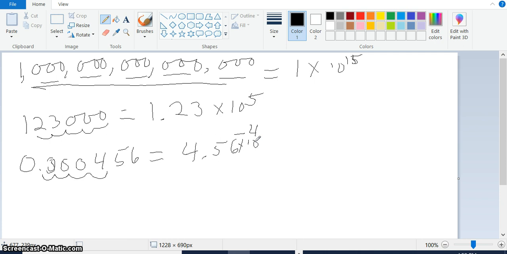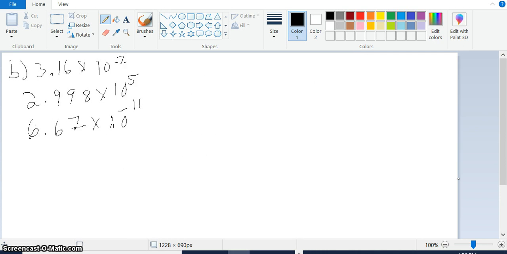All right, for part B of number 2, they want us to change these values in scientific notation to, quote, normal numbers. This is fairly straightforward. So 3.16 times 10 to the 7th, so I've got to move the decimal place 7 places. It's positive, so to the right.